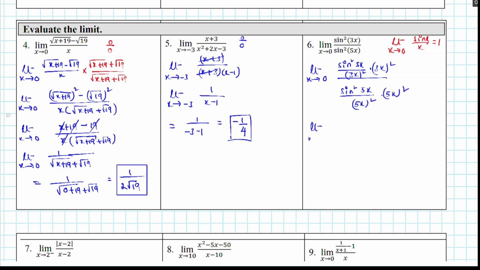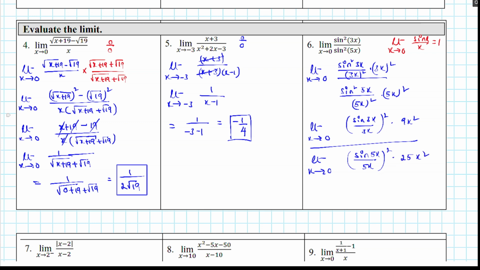So now this becomes the limit as x tends to 0 of sin 3x over 3x whole square times 9x square over, we can apply the limit to the denominator also, that is the limit as x tends to 0 of sin 5x over 5x whole square times 5x square, that is 25x square. Now you can apply the limit, so sin 3x over 3x is just 1 whole square, and in the denominator we have 9x square.